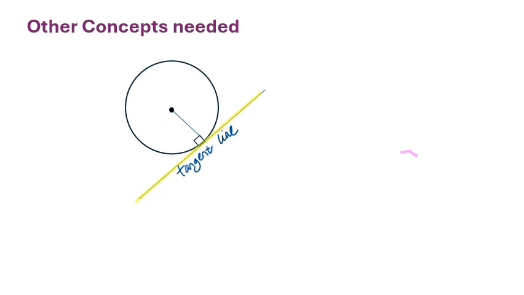And what is a normal line? A normal line basically is just your perpendicular line to the tangent line. These two lines are perpendicular to each other, and the normal line will always pass through the center of your circle.